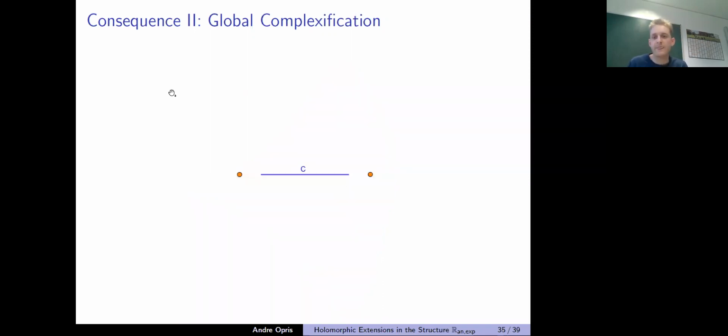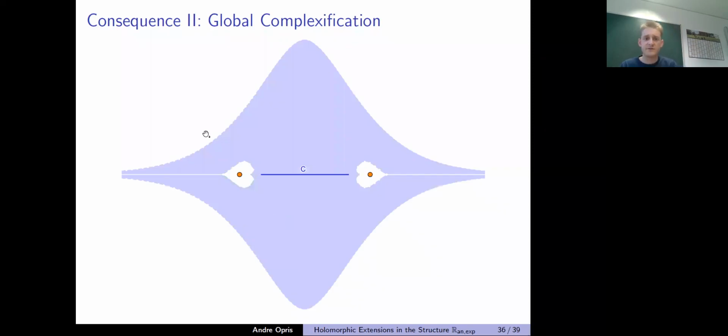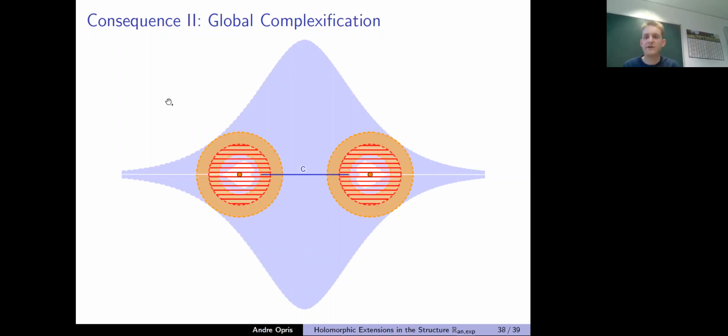Important here is that there can be more than one component of the center of the logarithmic scale in general. So here you can have two such points. Then you have to consider this holomorphic extension, and you get, for example, this holomorphic extension. Then you have to plug in two annuli, and then you have to do integration in more than one case.